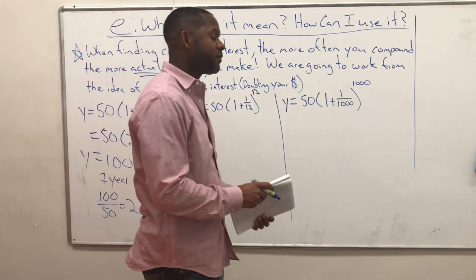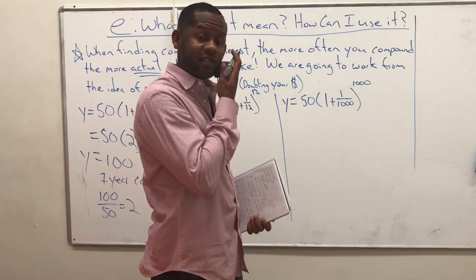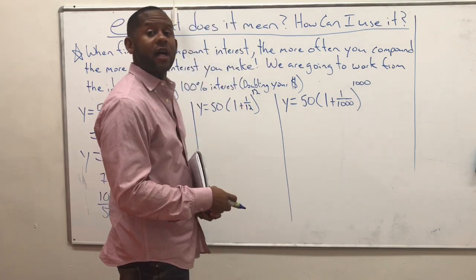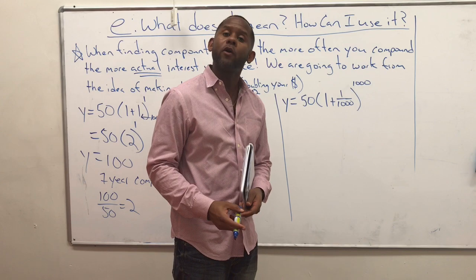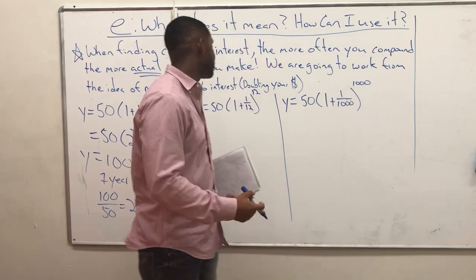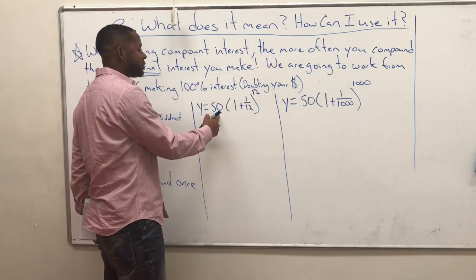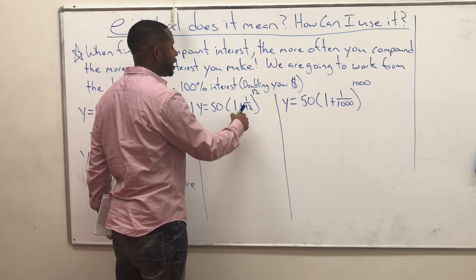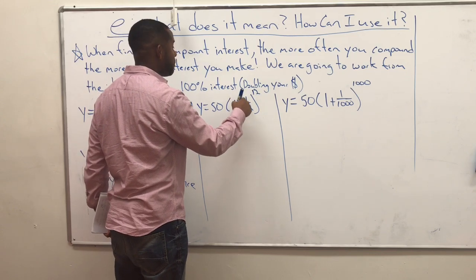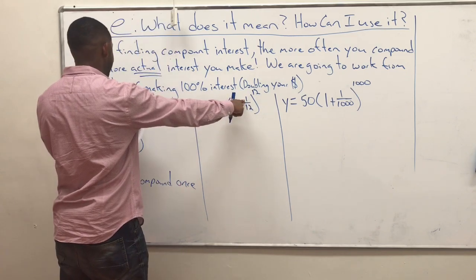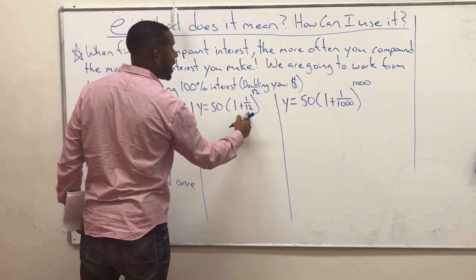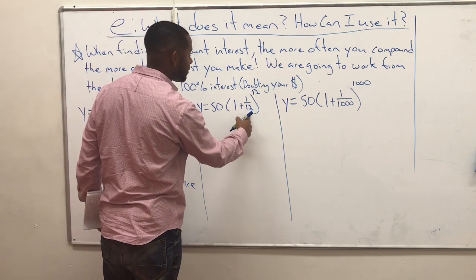Let's take this same situation and let's now say, well, what if I say we're going to compound it 12 times a year? And we've done this before, right? So I got my $50 again, and I got a 1 plus. Now I got to do my 100% interest, right? Which is the same one, but I got to divide it into 12 equal pieces.